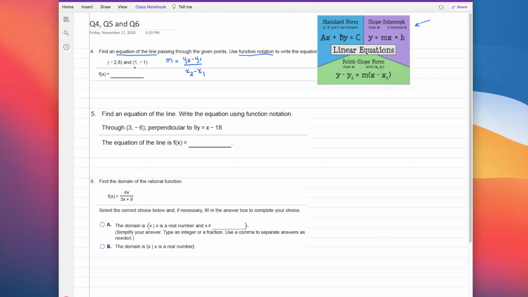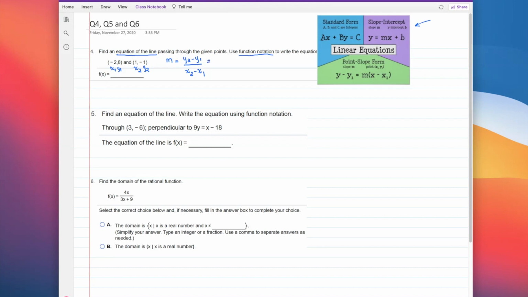If I consider this my first point, then this will be x1, y1. And then this will be the second point, x2, y2. I just establish which one is the 1, which one is the 2, and it's your choice which one you want to be the point 1 and the point 2.